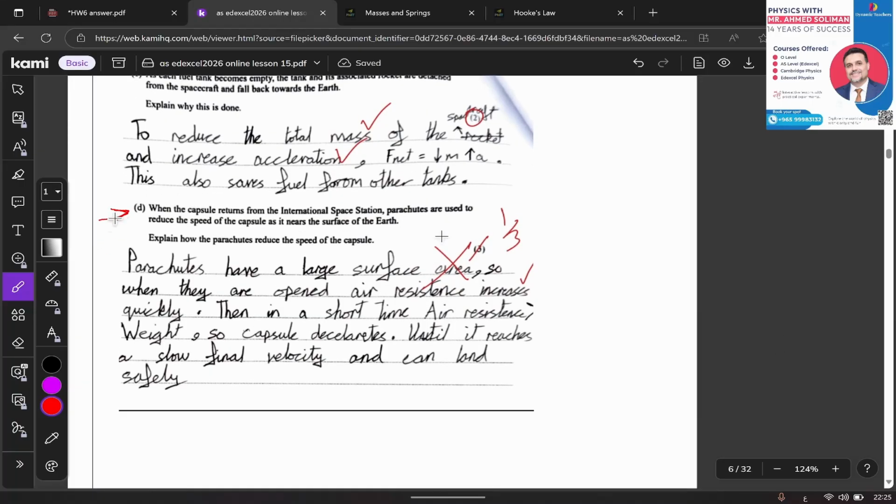Now, Habiba, what do you think about D? Is this correct or incorrect? It's incorrect.